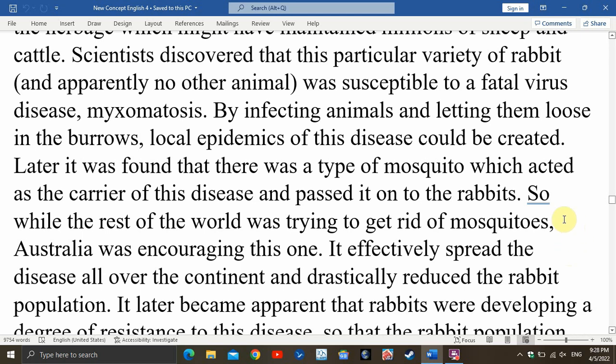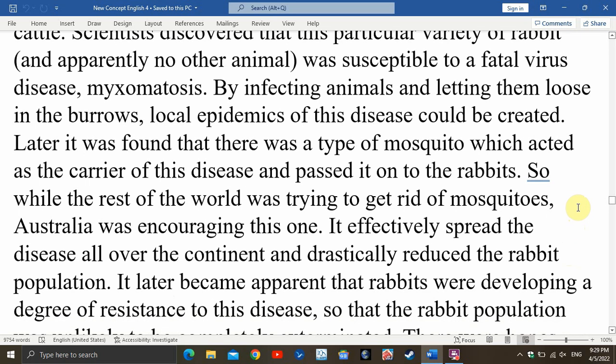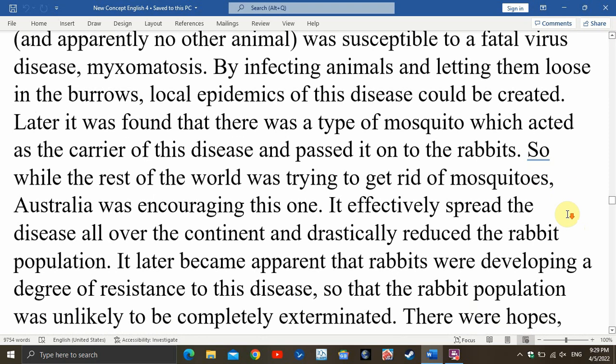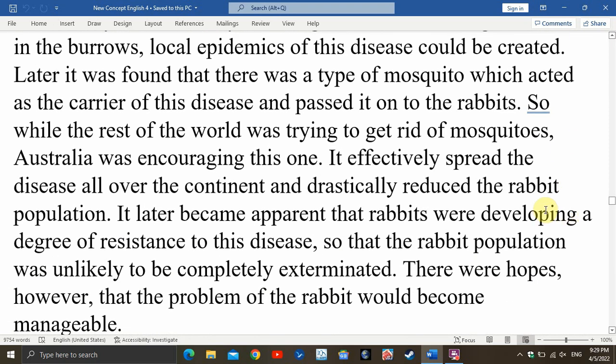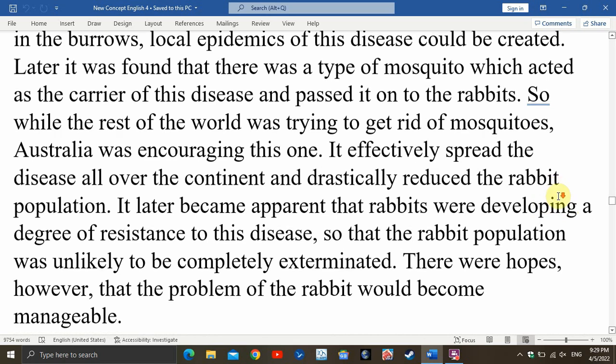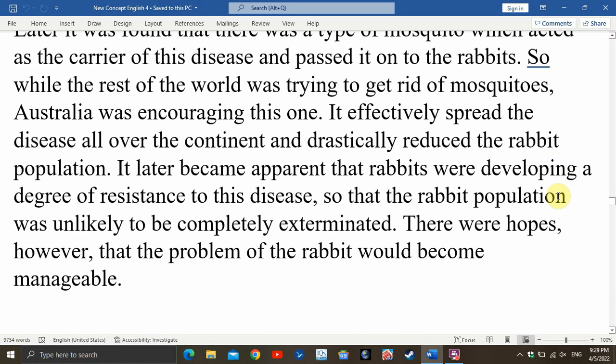Local epidemics of this disease could be created. Later, it was found that there was a type of mosquito which acted as the carrier of this disease and passed it on to the rabbits.